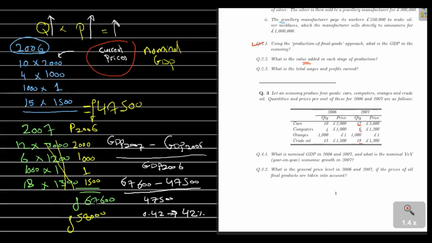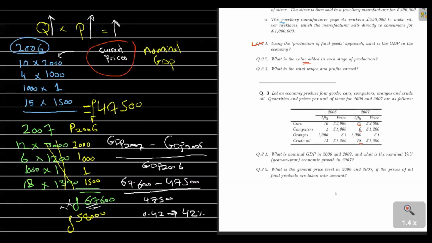So what's happened here? This is the nominal GDP. The first number here is the nominal GDP, where I use the quantities and the current prices. But now I actually fixed the prices. I used the prices of 2006. And just remember, we call this the base year.